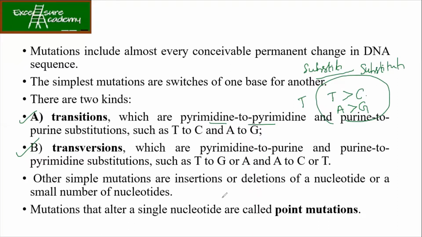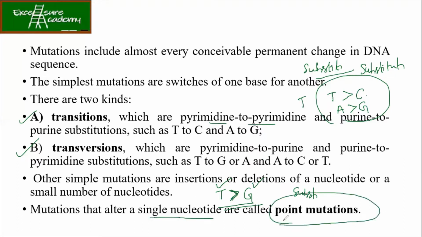Now, if you have T substituted to G, I know this is pyrimidine and this is purine, but this symbol, the greater than sign, represents that again it's a substitution type of mutation, and here a transversion is happening. All these mutations which alter only a single nucleotide are known as point mutations.